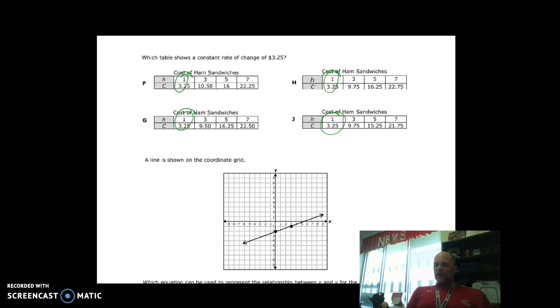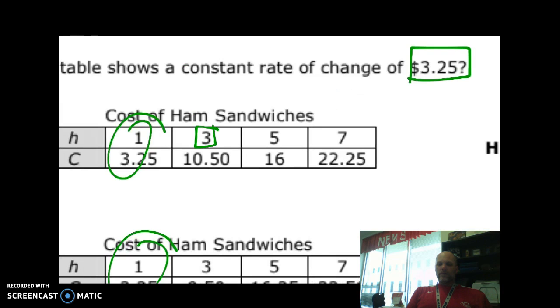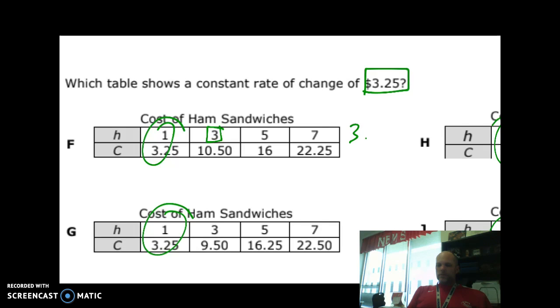For 3, we would times 3.25 by 3. Exactly. Each one is $3.25. So if you were to buy 3 of them, you would multiply $3.25 times 3. 3.25x, yeah. 3.25 times 3 sandwiches. We could do this in our head. 9.75.